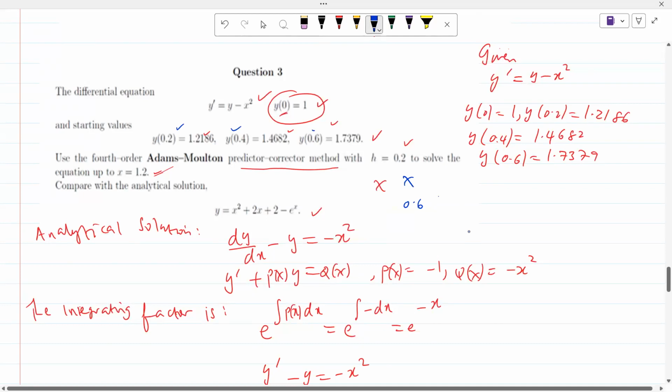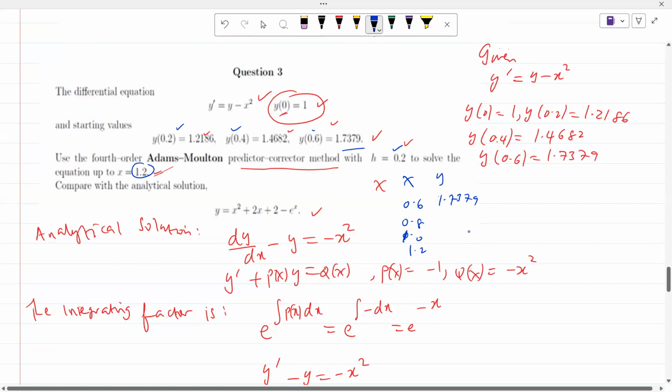And then you have y. What is y at 0.6? It is 1.7379. We're just constructing the table. Then we do 0.8, because h is 0.2, so we add 0.2. It becomes 1.0, and then we add 0.2, it becomes 1.2, so we go up to 1.2.